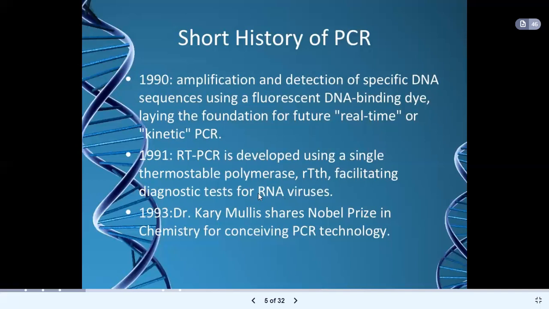COVID-19 is an RNA-based virus. And lastly, in 1993, Dr. Carl Mullis also shared the Nobel Prize for inventing a very effective technique, PCR technology.